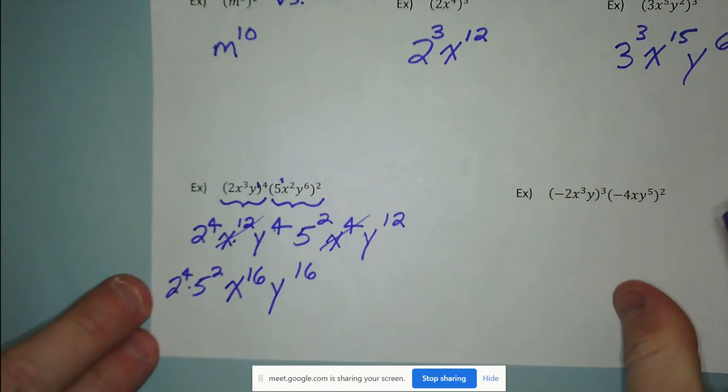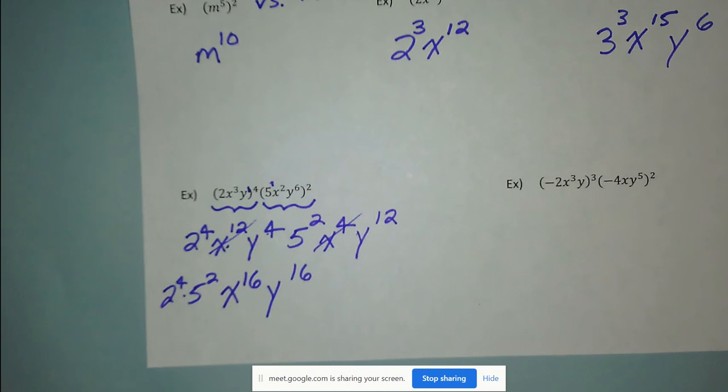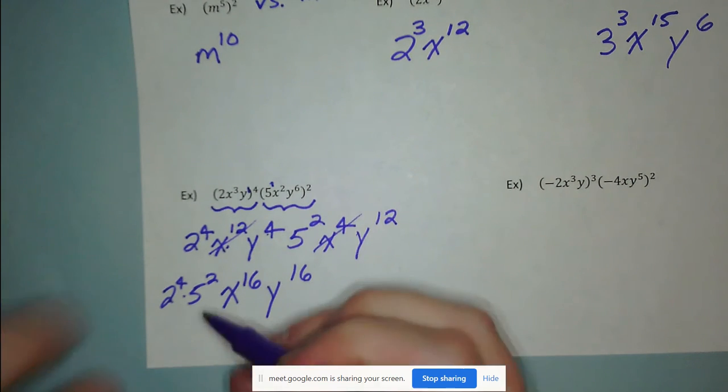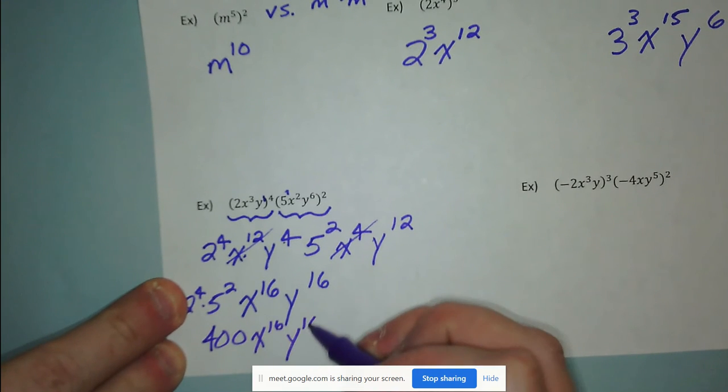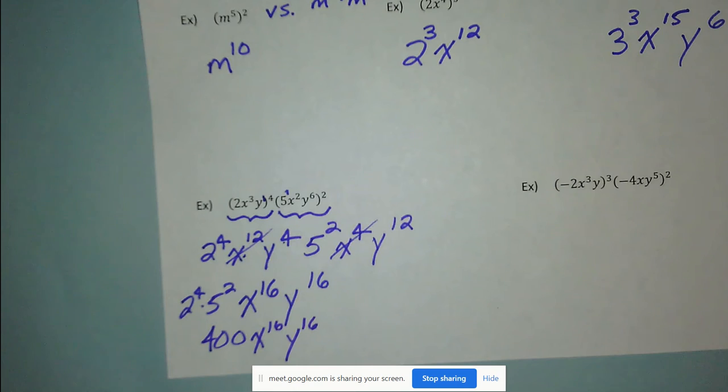But anyway, let's see, what is 16 times 25? We might as well do it because that looks a little ugly. I've got my calculator now. 16 times 25 is 400. So that's probably the best answer. Just making that into a 400.